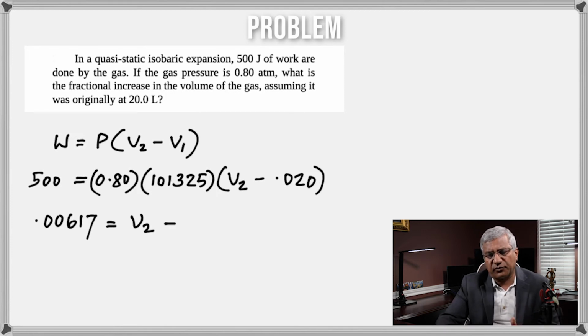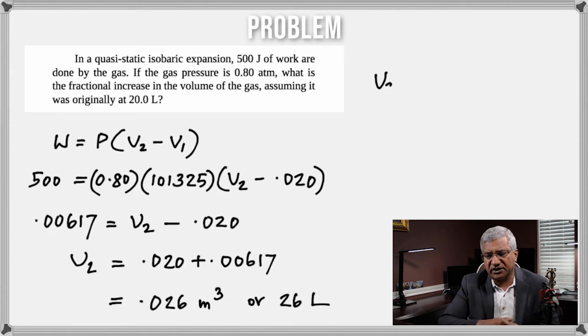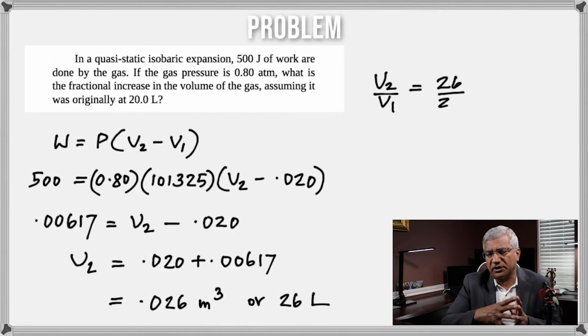When we do the math, we get this on the right side, and the final volume is 0.020 plus 0.00617. So 0.026 meter cube or 26 liters is the final volume. Therefore, V2 by V1 is 26 by 20, which gives 1.3 times.